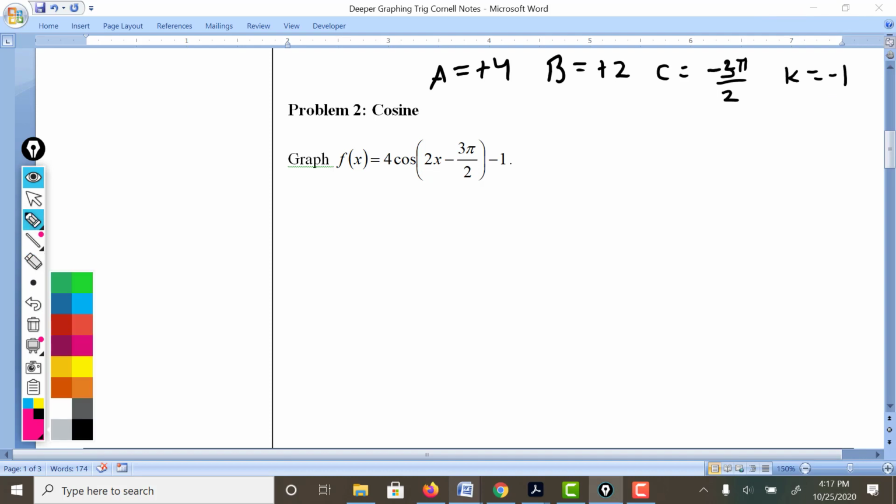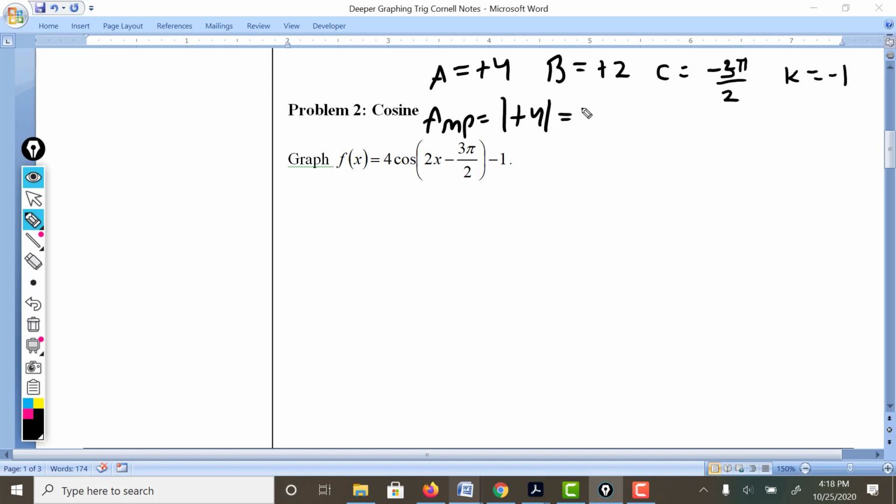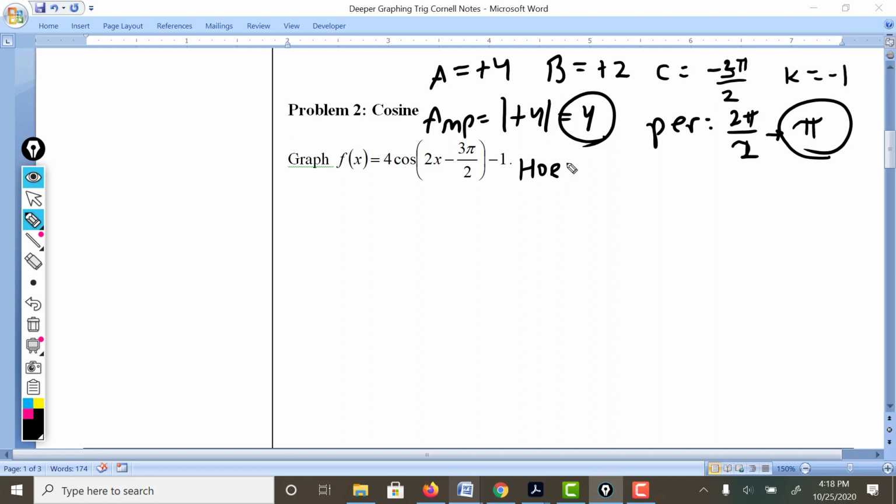We'll do the usual. Find the amplitude, the absolute value. Find the period, 2 pi over b. We will find the horizontal shift, negative c over b.